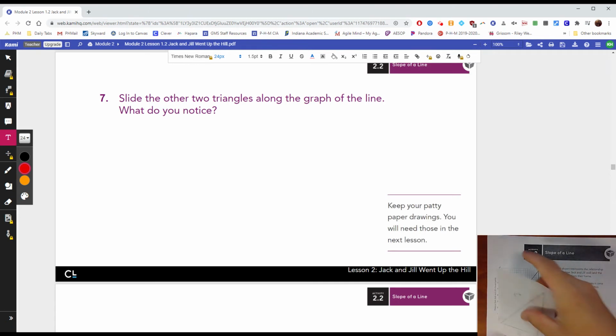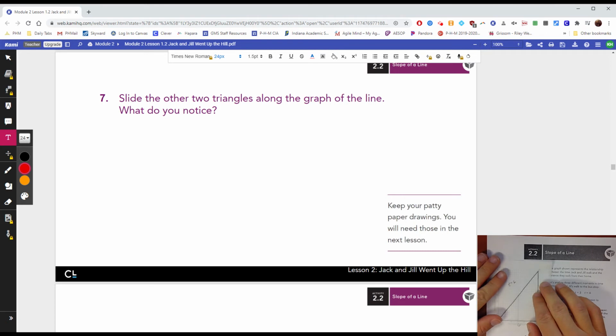Let's see t equals 6. Obviously, it's the biggest one, but even if I just slide it down the line, that hypotenuse stays right on the line, right? So I'm noticing the same thing with the other two triangles.